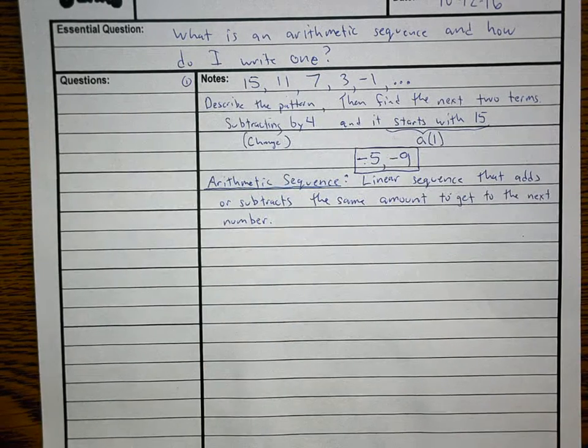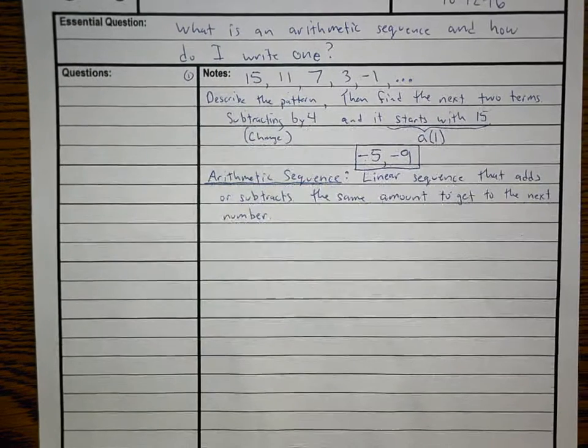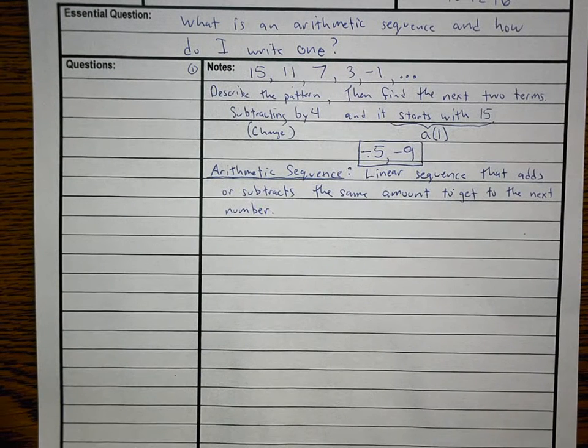An arithmetic sequence is a linear sequence that adds or subtracts the same amount to get to the next number.